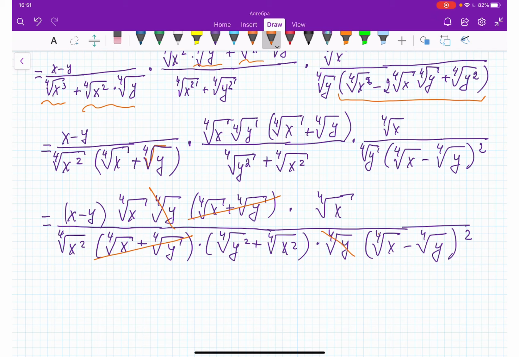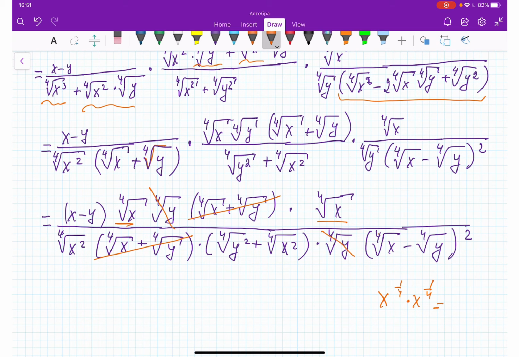Radical degree 4 of x by x. I guess I can combine these two, right? Oh, radical degree 4 and radical degree 4 is going to be, let's see, x to the power 1/4 times x to the power 1/4, right?